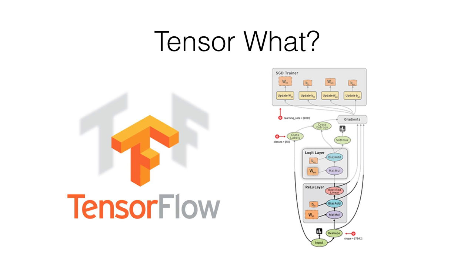Basically what you do with TensorFlow is you create a model, which is a network of nodes. Each node takes in as input a multi-dimensional array called a tensor, processes it, and then puts out another tensor as its output. And the tensors flow between the nodes, hence the name.